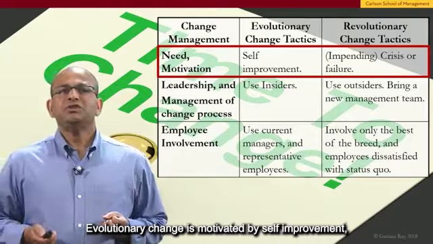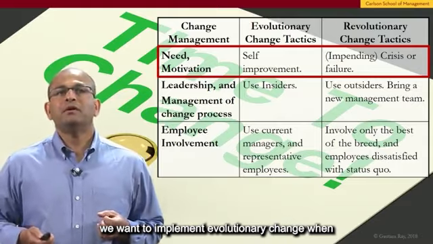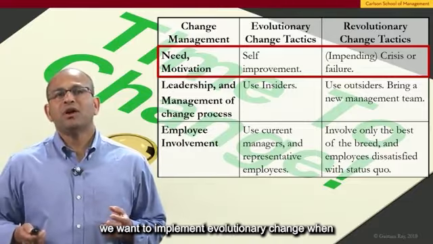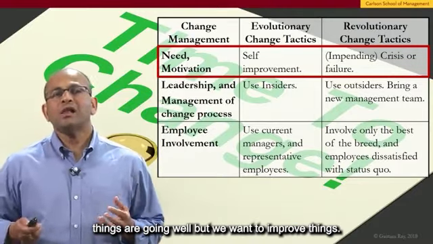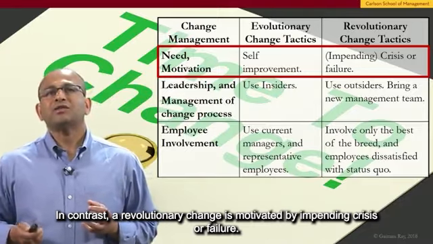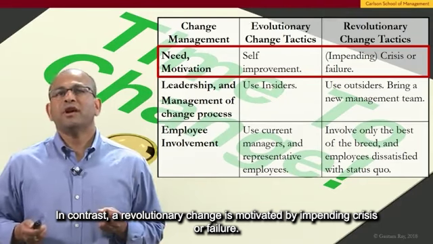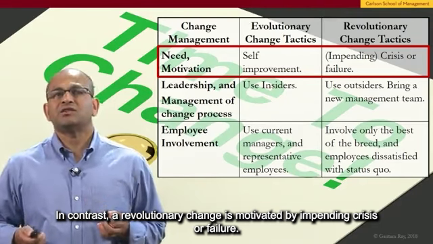Evolutionary change is motivated by self-improvement. We want to implement evolutionary change when things are going well, but we want to improve things. In contrast, revolutionary change is motivated by impending crisis or failure.